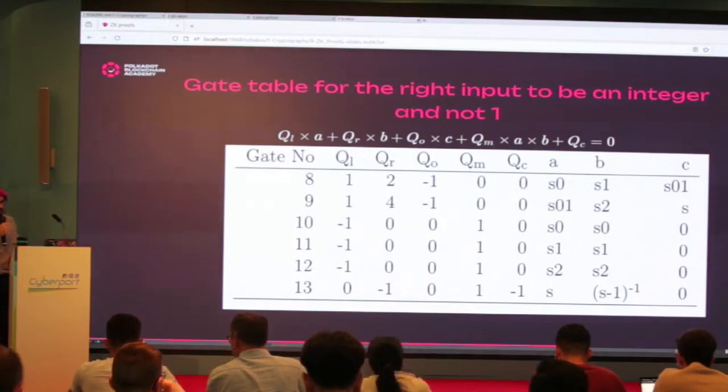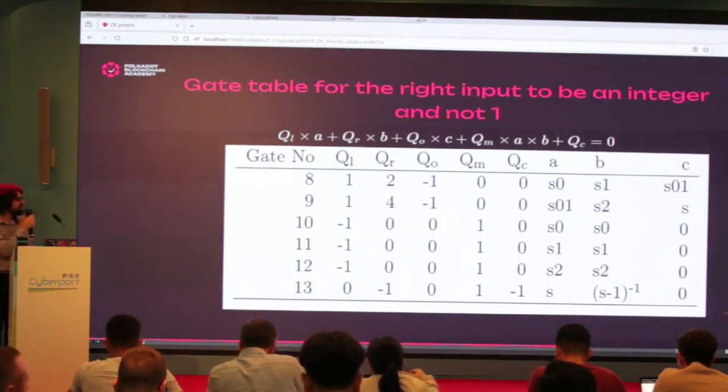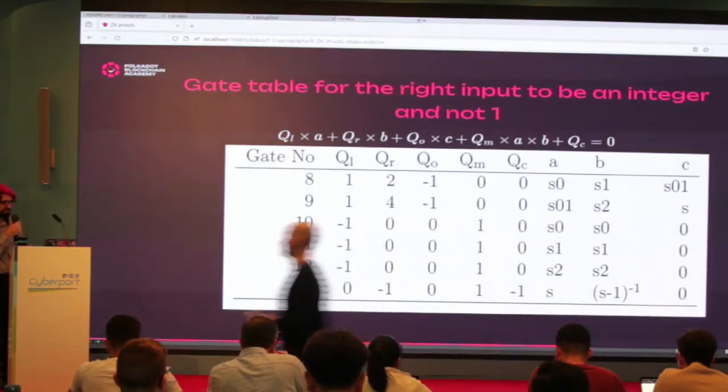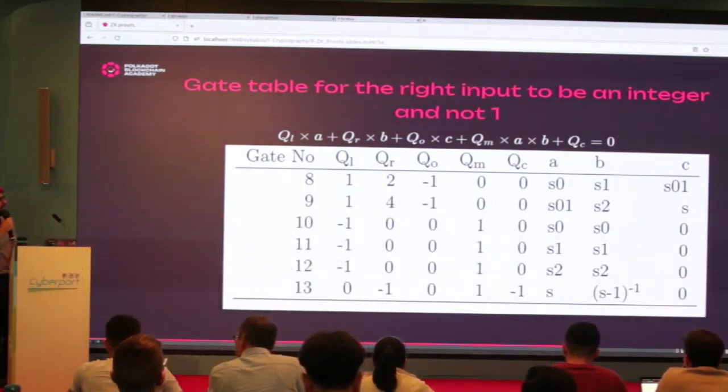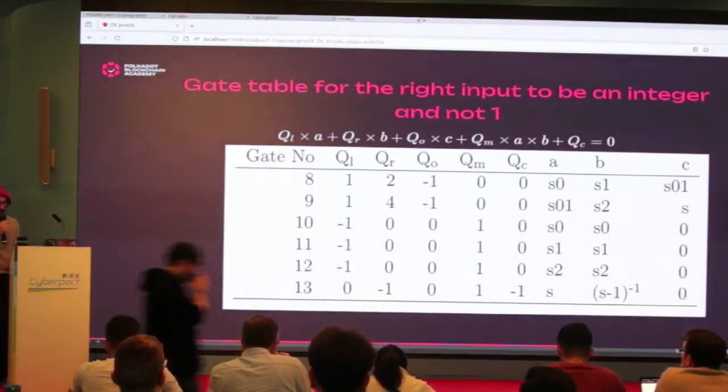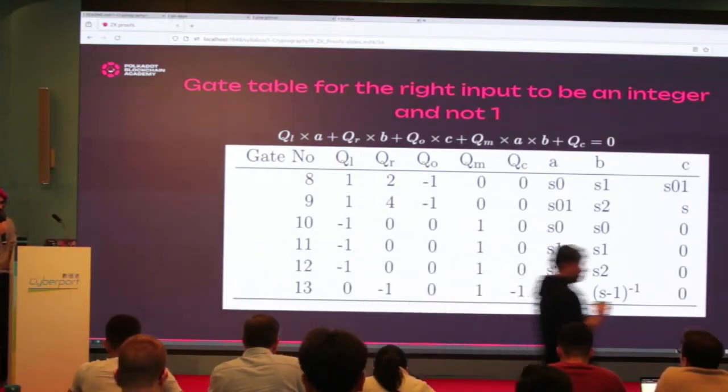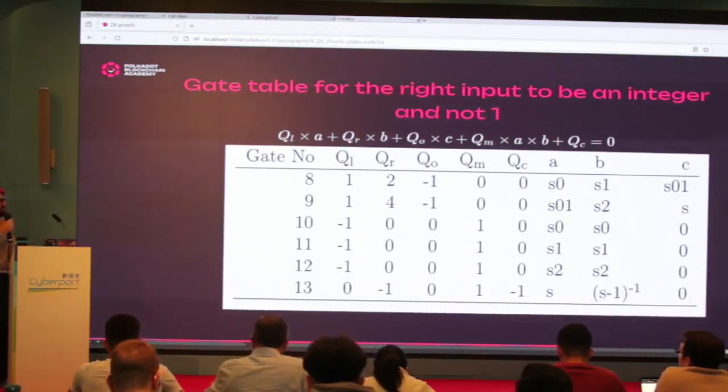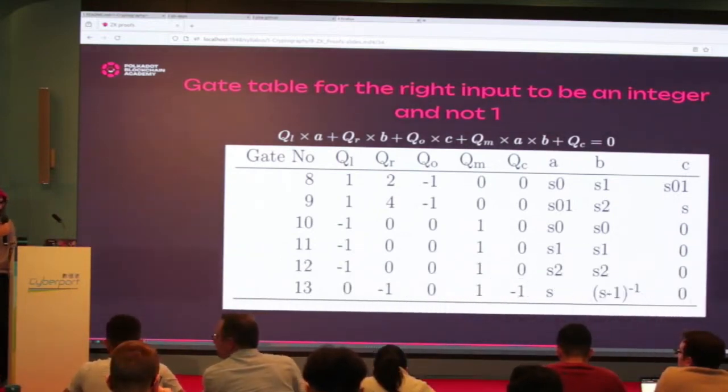The next step is to take this table and turn it into polynomials. In ZK jargon this is called arithmetization, but it's just a scary word for something simple.